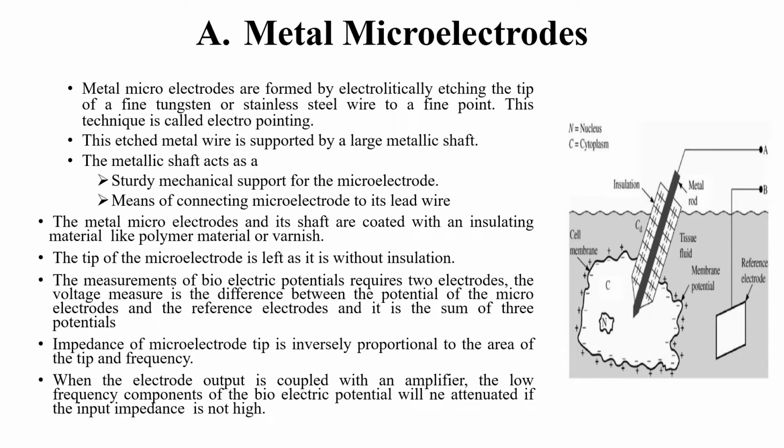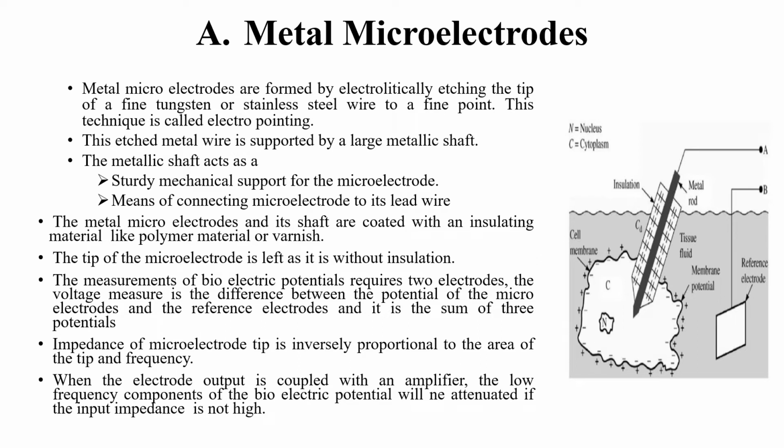The measurement of the bioelectric potential requires two electrodes. The voltage measured is the difference between the potential of the microelectrode and the reference electrode, and it is the sum of the three potentials. Impedance of the microelectrode tip is inversely proportional to the area of the tip and the frequency.